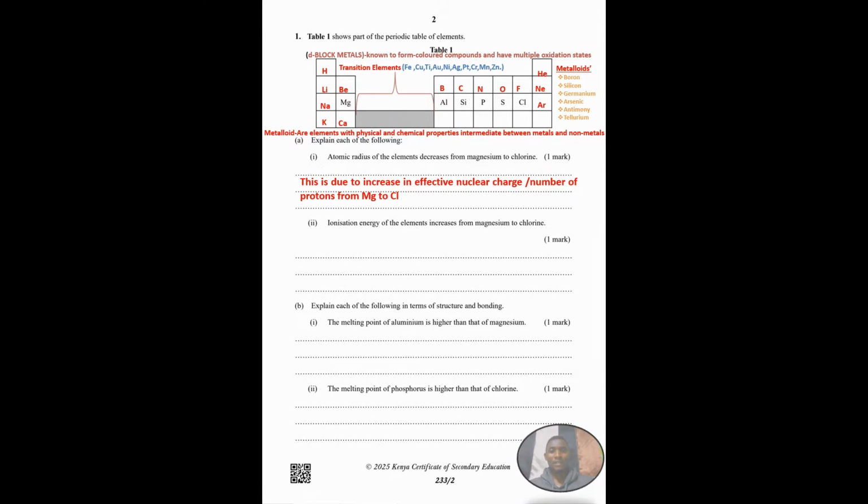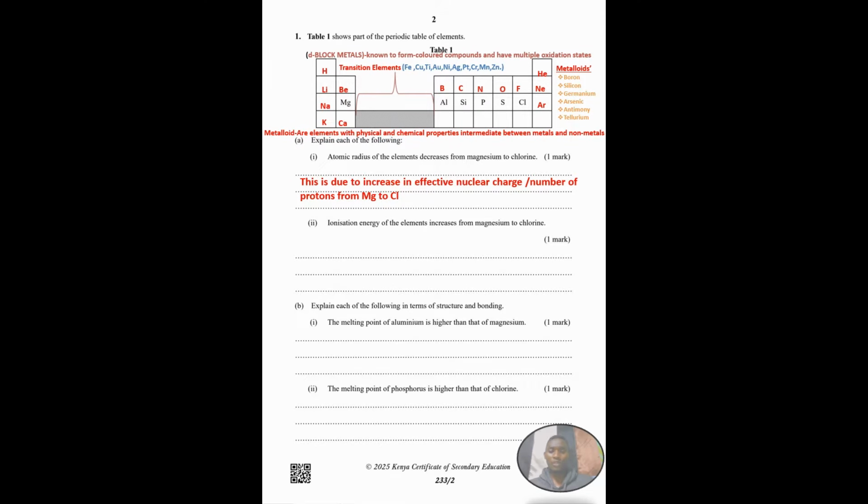And we need to understand that as the number of protons increases, the nuclear attraction also increases, or the effective nuclear charge also increases. And that makes the nucleus attract more electrons, making the atomic radius reduce.